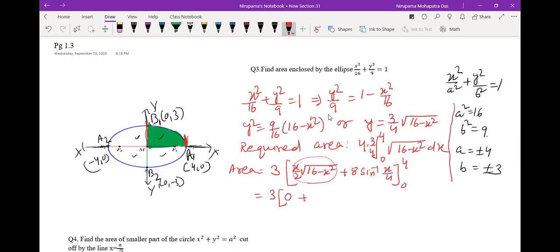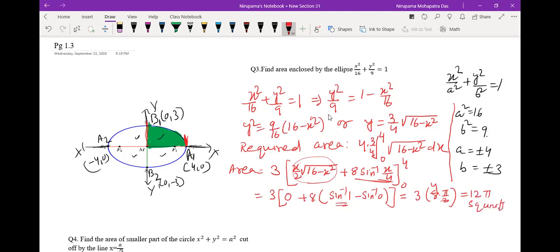Plus 8 into sine inverse 1 minus sine inverse 0, the value at the upper limit minus its value at the lower limit. This is equal to 3 into 8 into sine inverse 1, which is pi by 2. So you are getting here 12 pi square units.